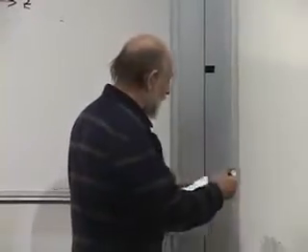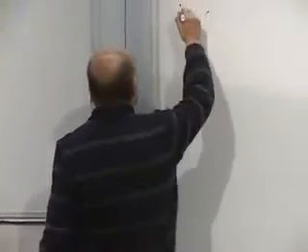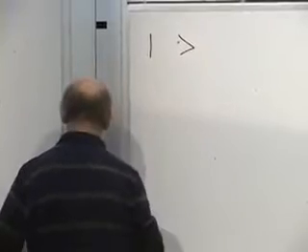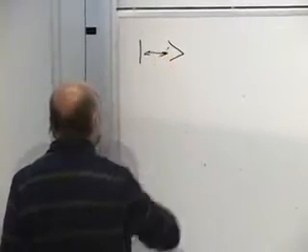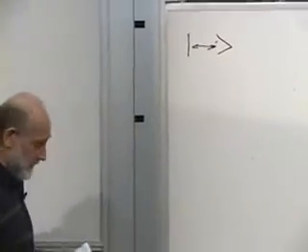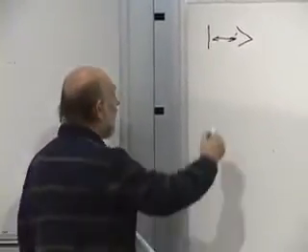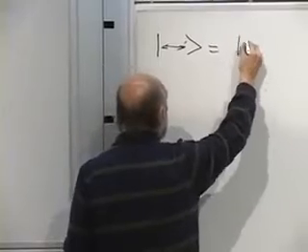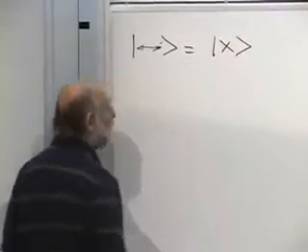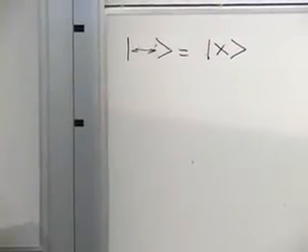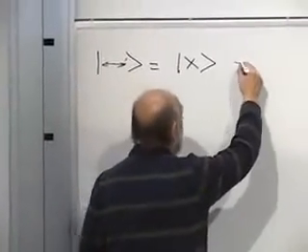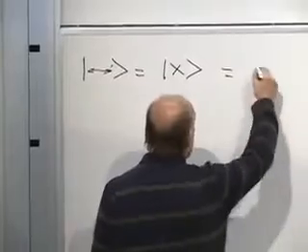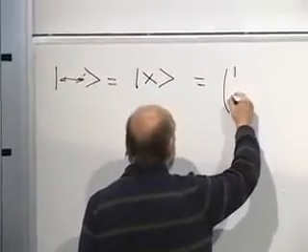The two orthogonal states of polarization we could label, first of all, with a ket vector. And we could label them this way. This represents polarization along the x-axis. We could also just call it polarization along the x-axis. And we could, if we like, associate with it a column vector. The column vector could be taken to be (1, 0).